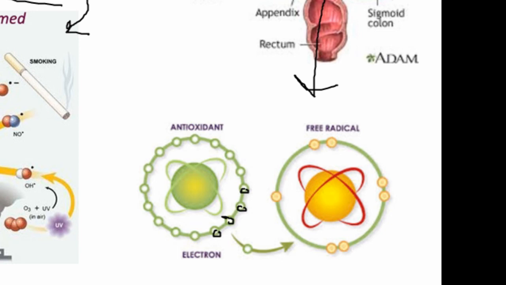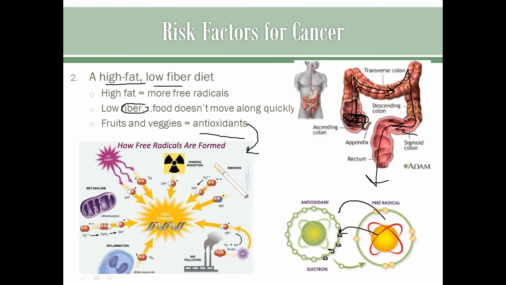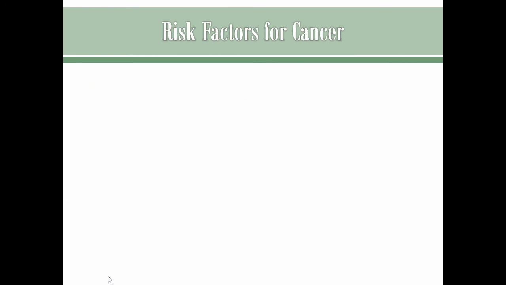So when you eat broccoli or something that has high antioxidants, the free radicals grab electrons off of the antioxidants, instead of going to your DNA and pulling electrons from DNA. Antioxidants basically prevent damage to your DNA by giving the radicals something else to grab electrons from.